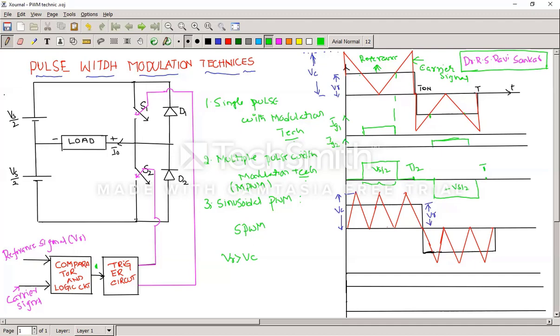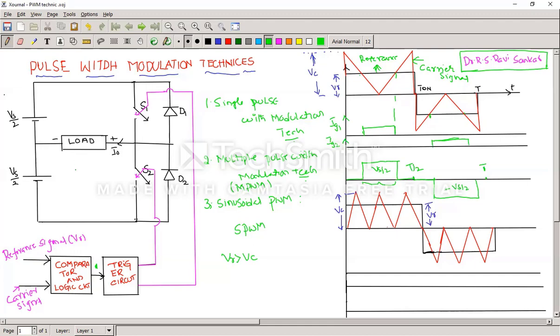Suppose you want the output voltage to be 50 Hz, then you have to select the carrier signal as 50 Hz. Sorry, the reference signal, extremely sorry. If you want the output voltage to be 60 Hz, you have to select the frequency of the reference signal as 60 Hz.